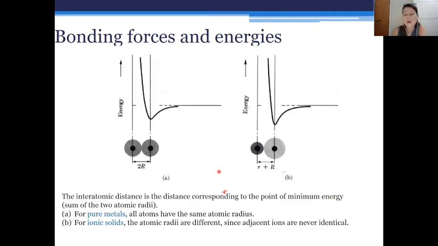Okay, so approximately, in fact, the interatomic distance is the distance corresponding to the point of minimum energy that we presented, and corresponds to the sum of the two atomic radii.